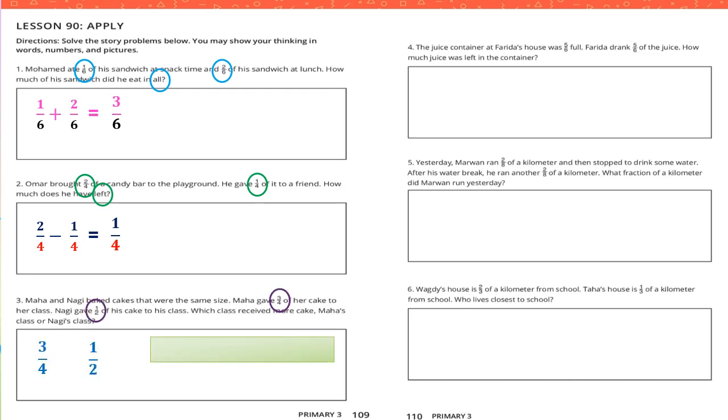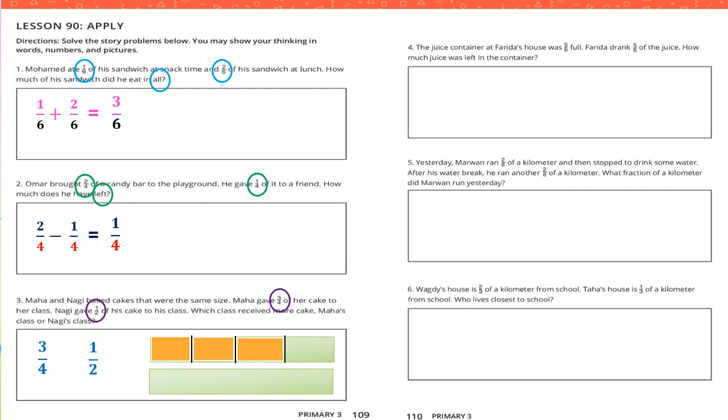I draw a model to express 3/4. Here, this bar, I divided it into 4 equal parts, like this. 3 over 4 means 4 equal parts down, and 3 up means 3 colored parts, like this. Here I express 3/4 in this bar.